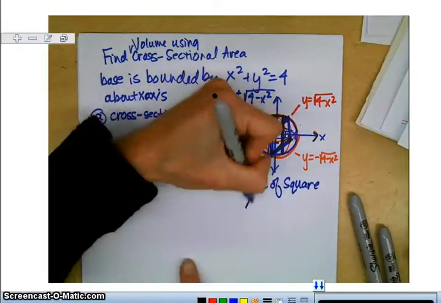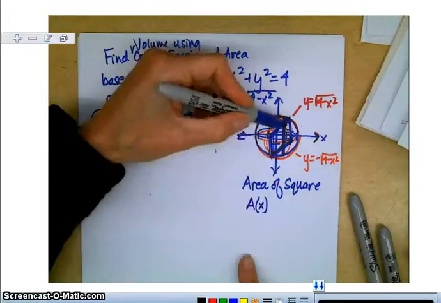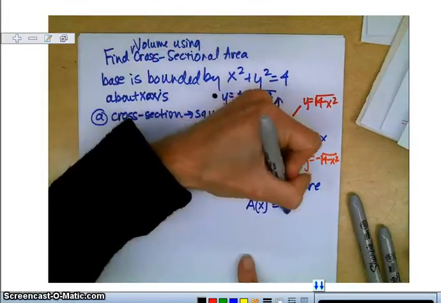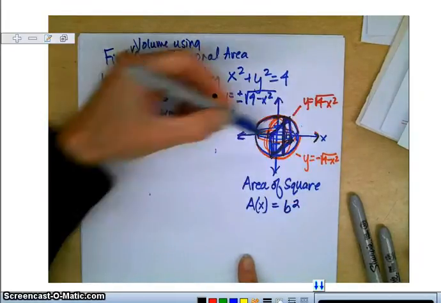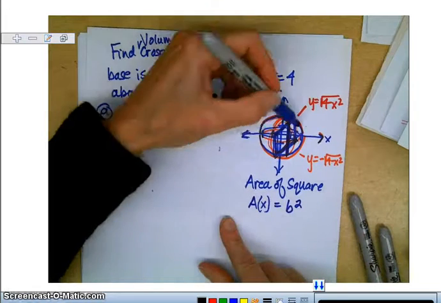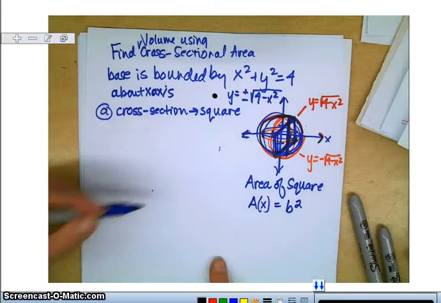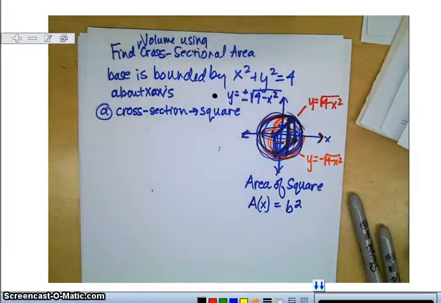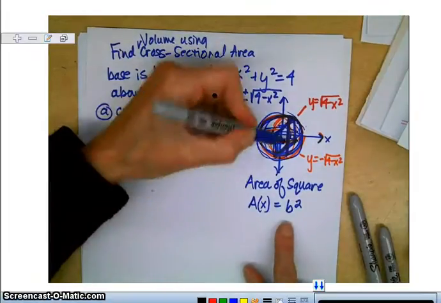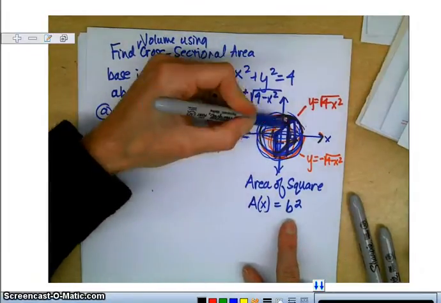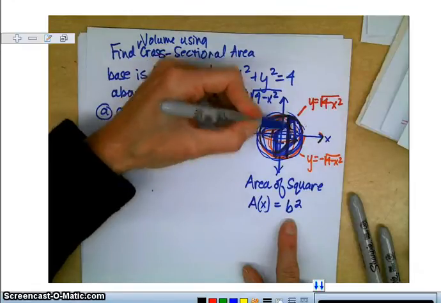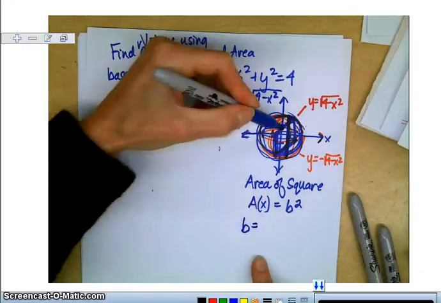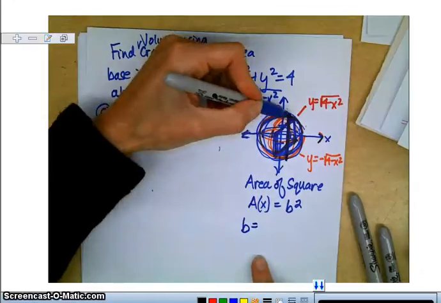So the area, A of x, instead of calling it the side squared, I'm going to call it the base, b squared, because this is the base here. The base is bounded by the circle. So it's whatever the base squared. Now we need to figure out what b is. How far is it from here to here?